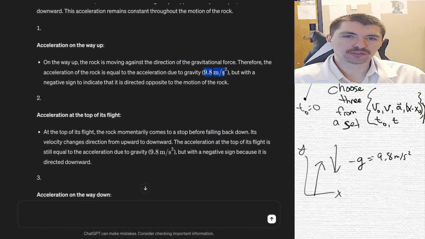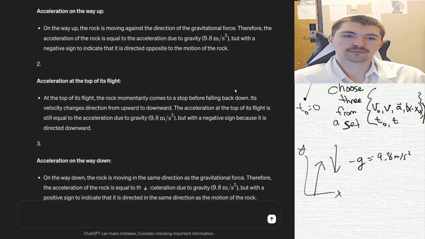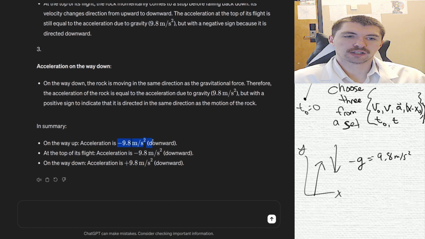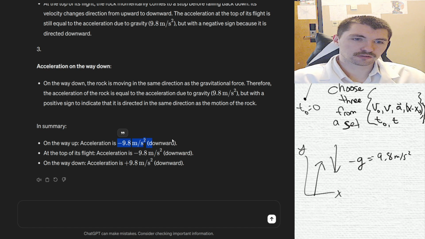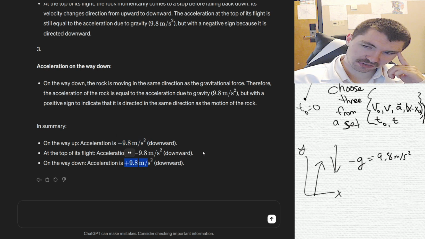The book's using positive gravity, that just depends on how you graph the problem. So yeah, here we go. I don't know if I agree with this.